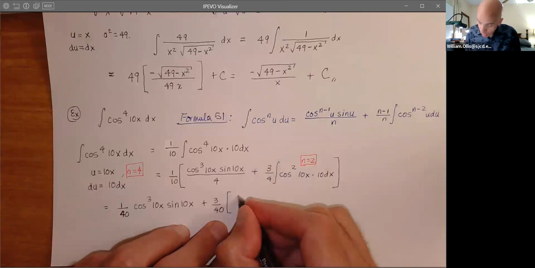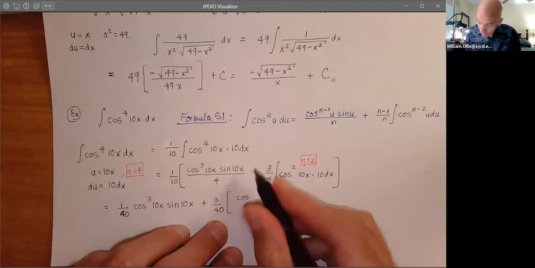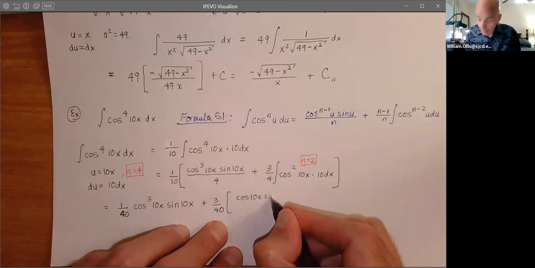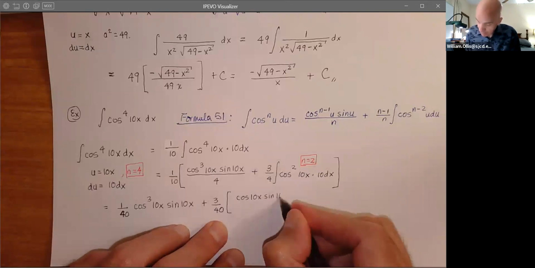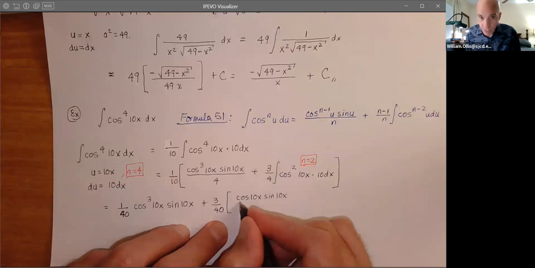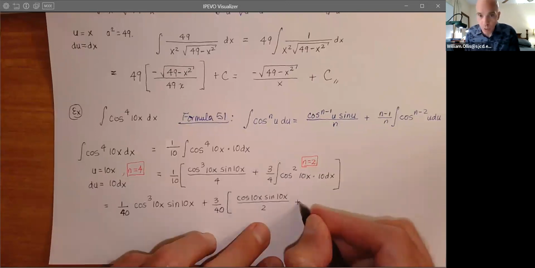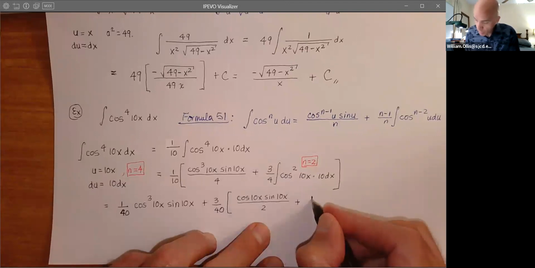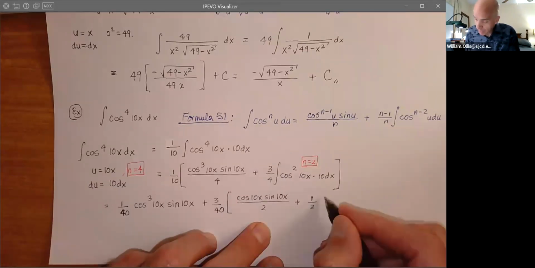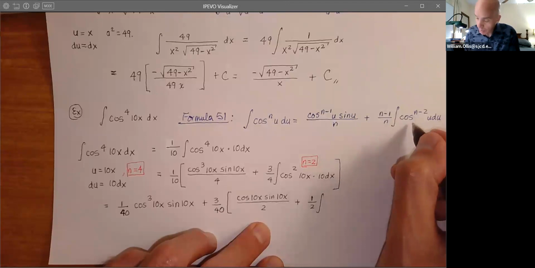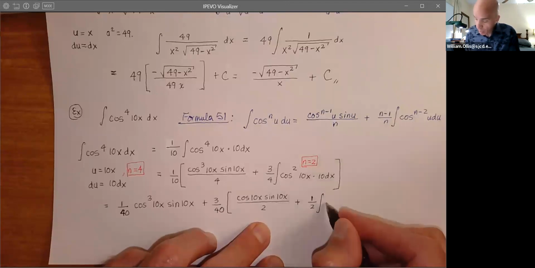So we have cosine 10x sine 10x divided by 2, which is n. Then we have plus n minus 1 is 1, n is 2. And now we've got the integral. So of course we've got cosine to the 0 power. So that's by definition 1, and then we just have du, which is 10 dx.